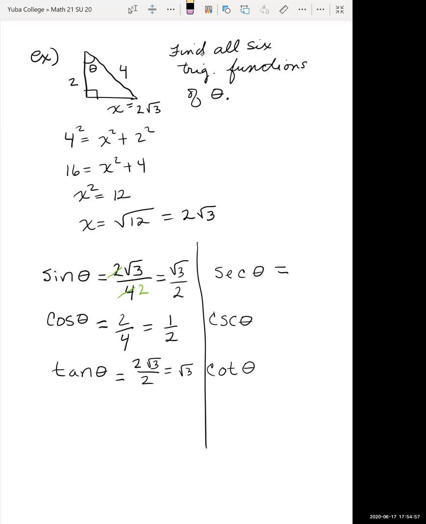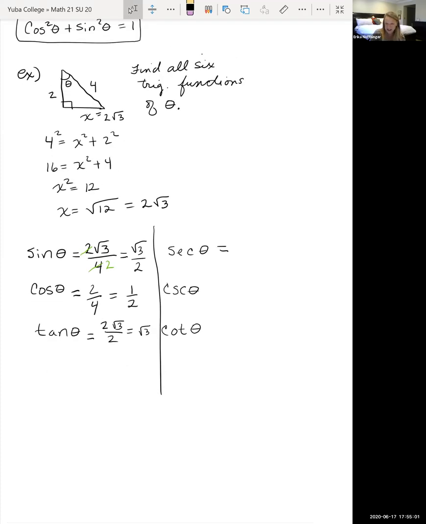That's okay. I kind of did that on purpose just to see if you would catch that. So secant theta is 1 over cosine theta, and we already have what cosine theta is, so we could just take the reciprocal. We don't even have to go over to the triangle and look at the ratio of sides. So we can flip 1/2, the reciprocal of that, which is just 2/1 or 2.